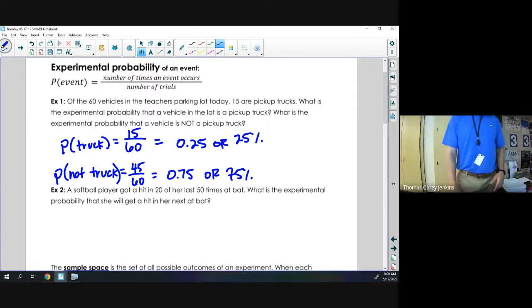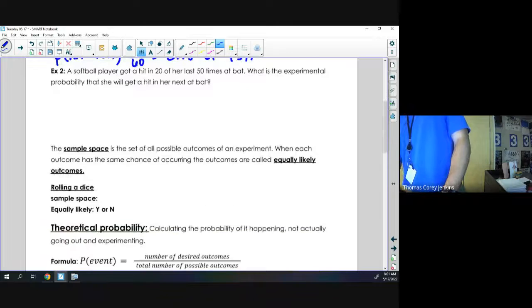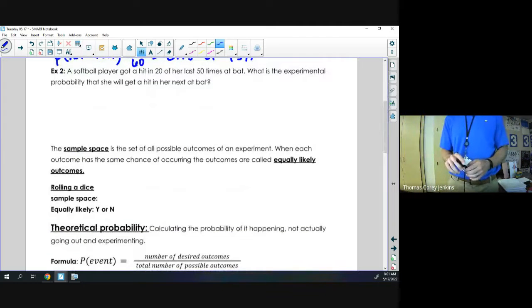The vocabulary term is not in there to say the relationship between those two, but if two events add up to 100% or include the whole sample space, this is a C word. Does anybody remember what they're called? Nobody. They're called complementary events. Not that you need to know that, but anywho, go ahead and try example 2 there.